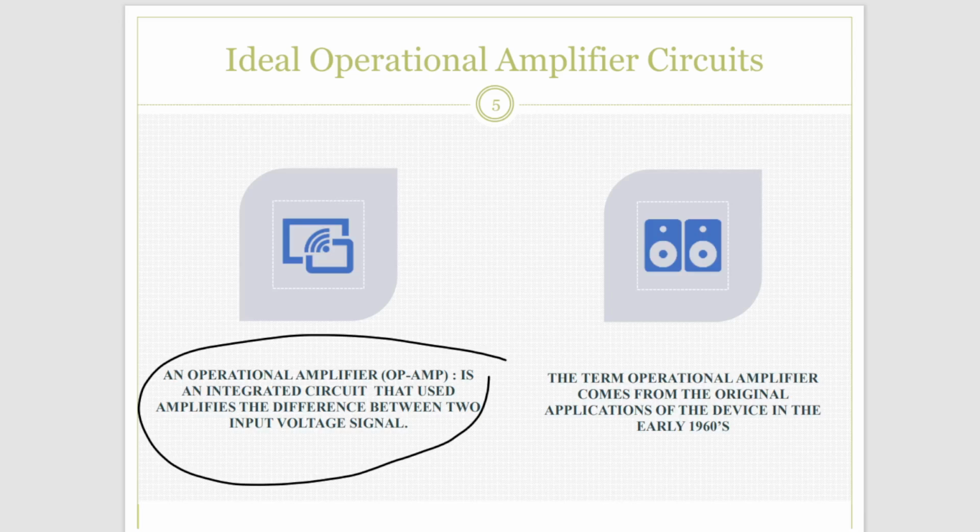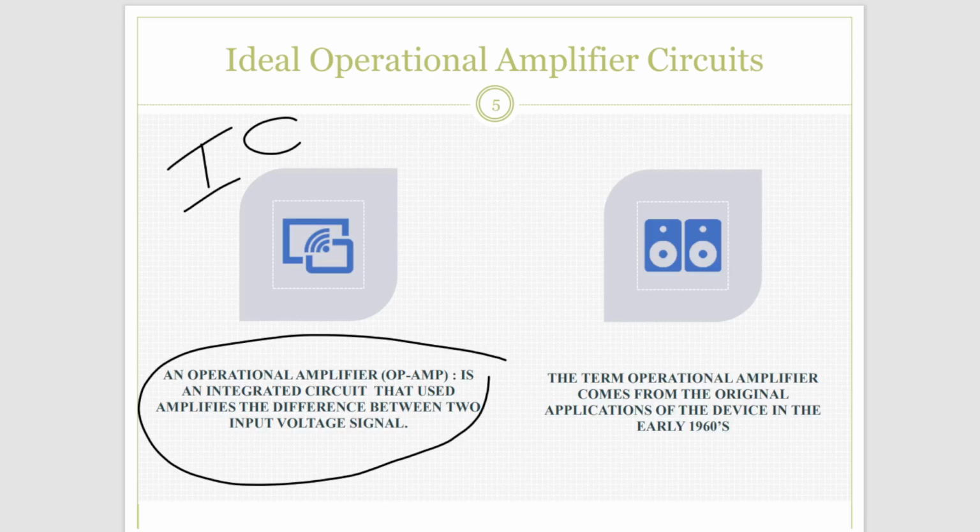So this actually means that the operational amplifier is an integrated circuit. It is an IC. This IC, okay, amplifies the signal that comes from the input and goes to the output.